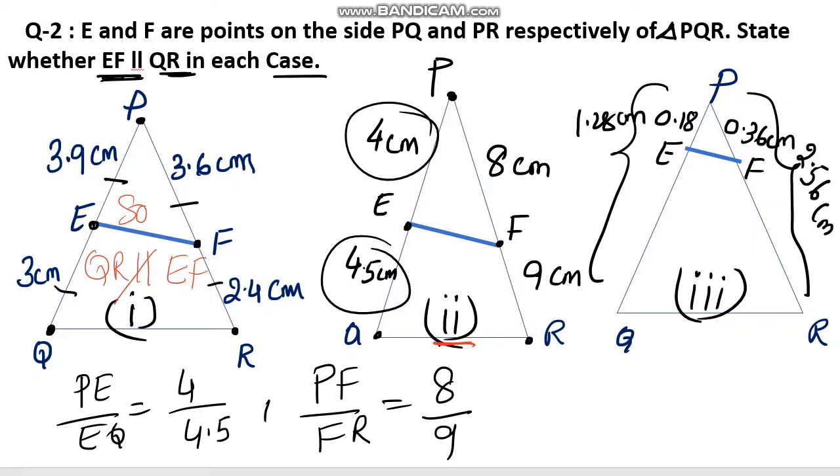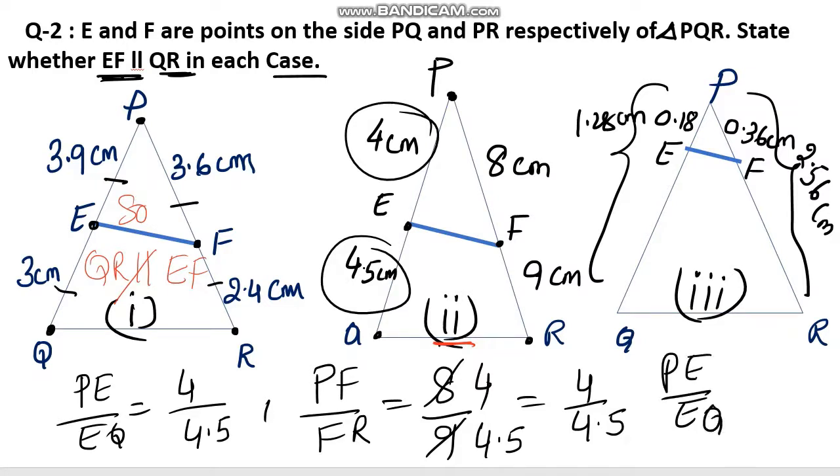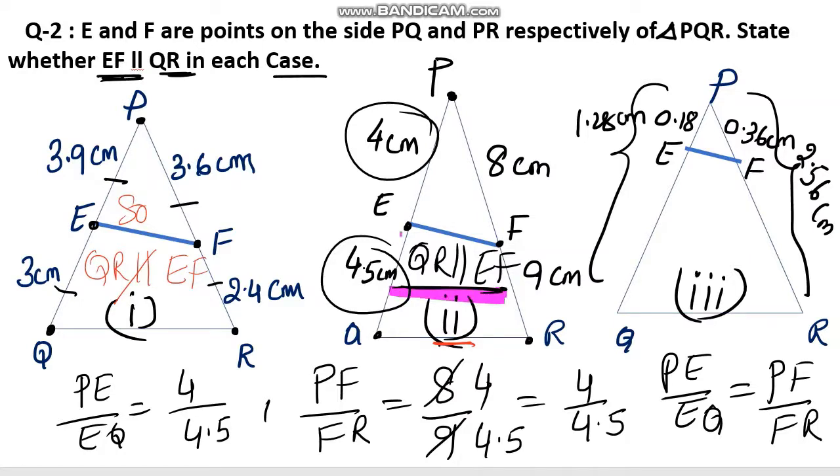If you cancel it by 2, 2 4s are 8 and 2 4.5s are 9. So here you are getting 4 by 4.5. That means PE by EQ is equal to PF by FR in case 2. So you can say that QR is parallel to EF in this case.